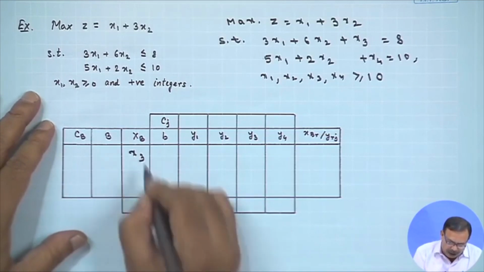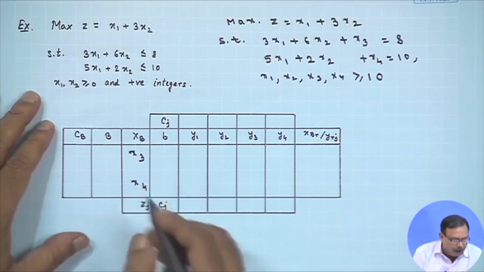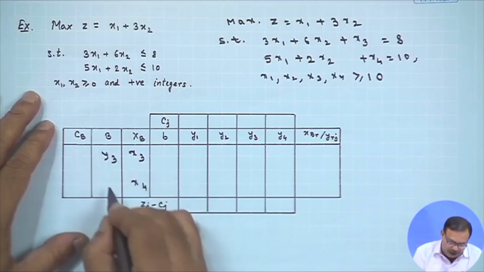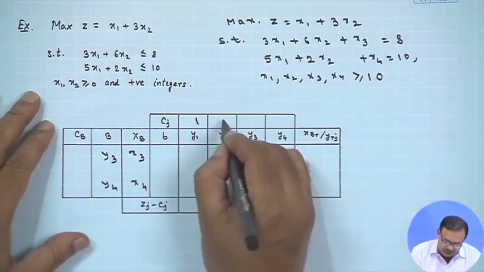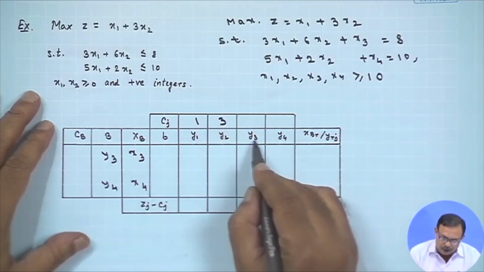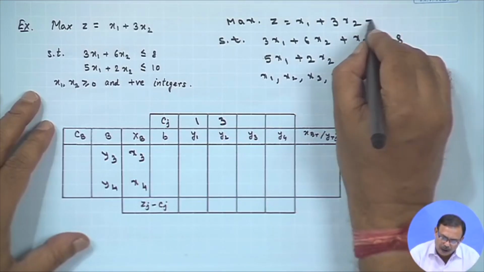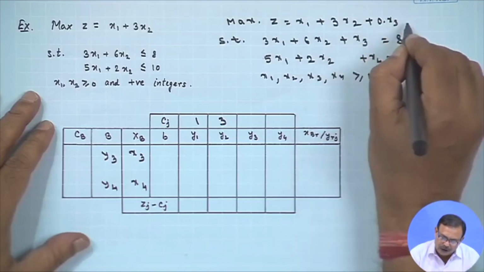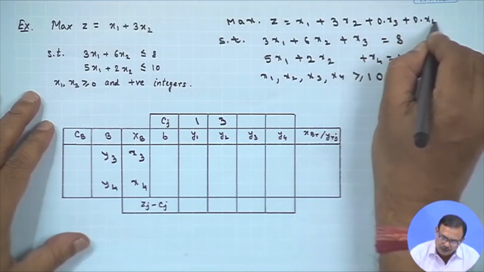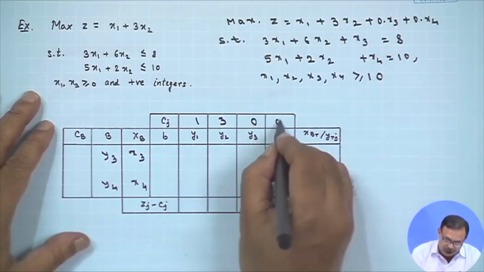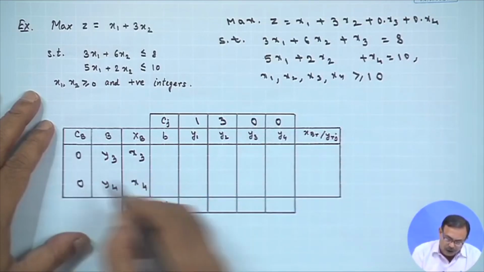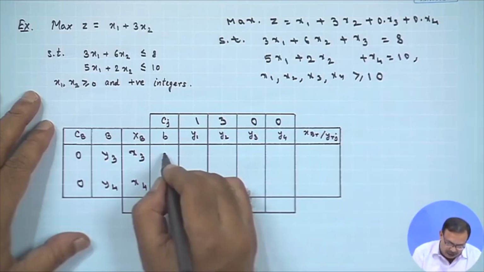So, you are writing x3 and x4. Your b values will be y3 and y4. Cj's are 1, 3, and corresponding to x3 and x4 it will be 0 into x3 plus 0 into x4. So, these values are 0, 0. Your b values are 8 and 10.